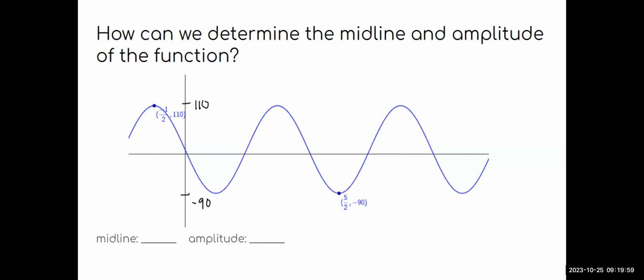Okay, so you said let's find the difference. So 110 minus -90 is 200. If we subtract these, we get 200.